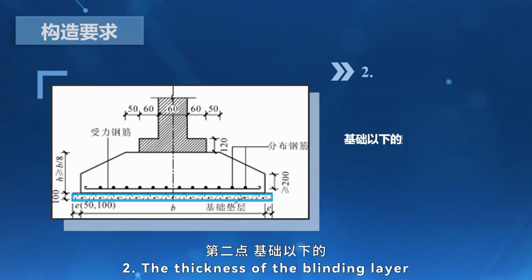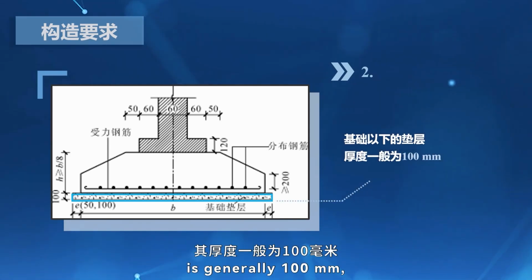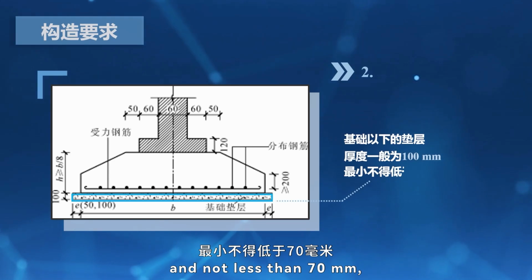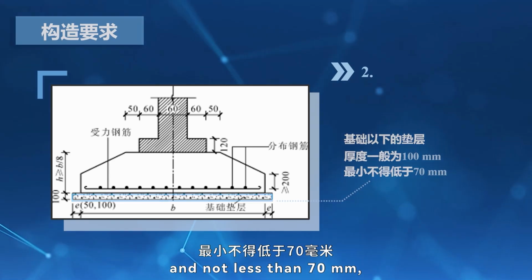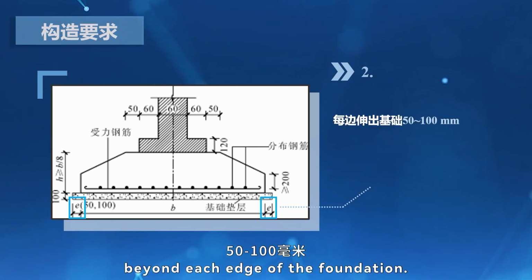The thickness of the blinding layer beneath the foundation is generally 100 mm and not less than 70 mm, with an extension of 50 to 100 mm beyond each edge of the foundation.